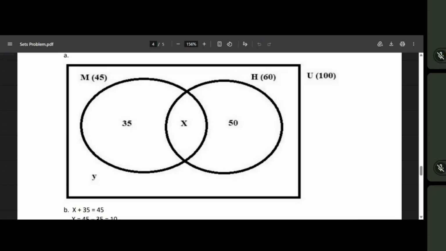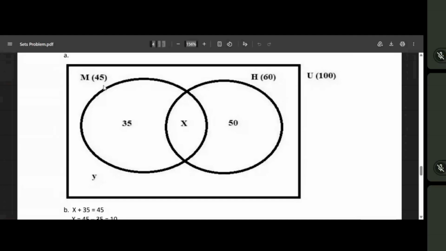When you add 45 and add 60, you are doing double counting because X is included in the 45. The same X is included in what? 60. So if you do any gymnastics and you get the same answer, bear it in mind that it's just a mere coincidence, but it doesn't hold at all times.